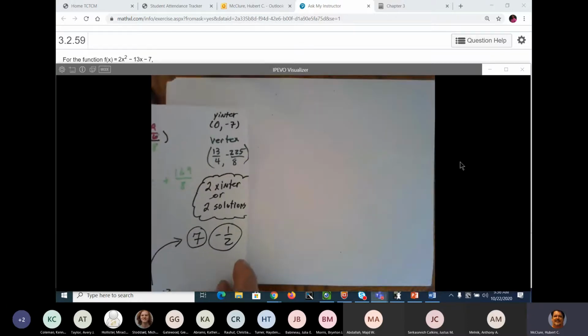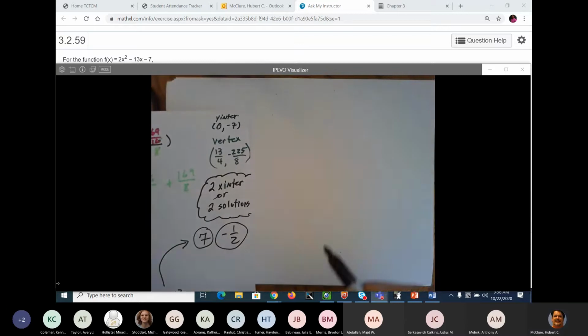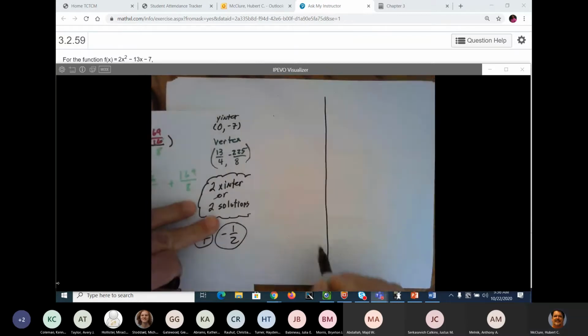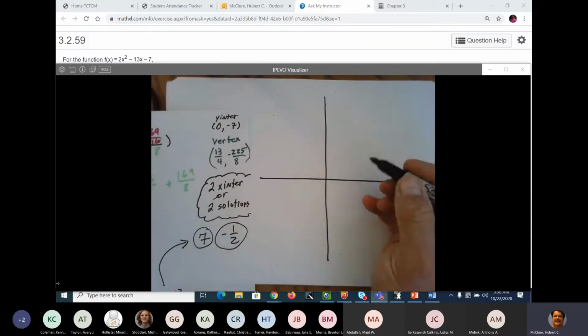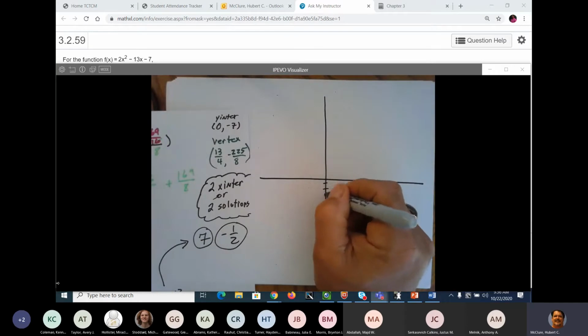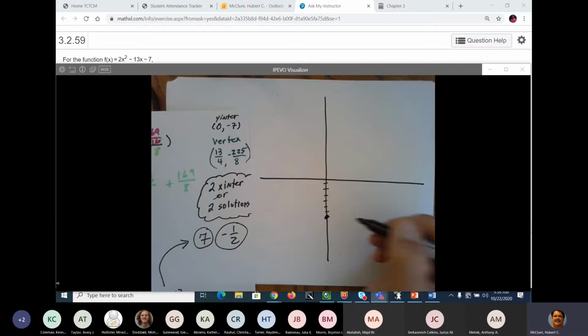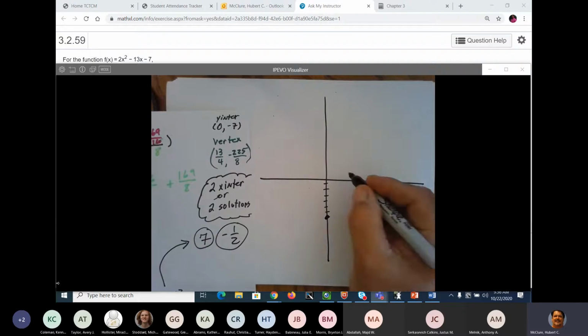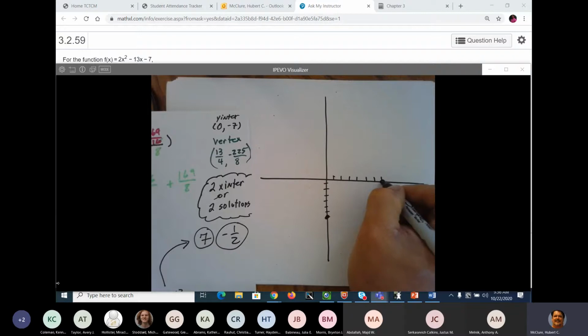I'm going to go ahead and graph this using this information right here. (0, -7). 1, 2, 3, 4, 5, 6, 7. There's my y-intercept. My x-intercept is 7. 1, 2, 3, 4, 5, 6, 7.